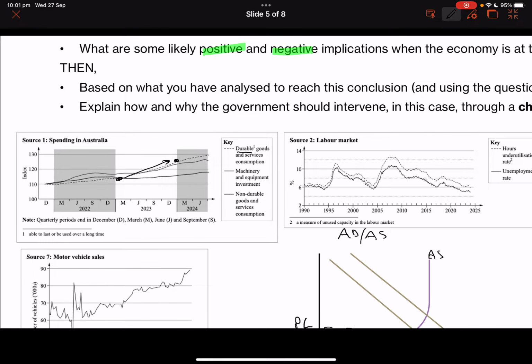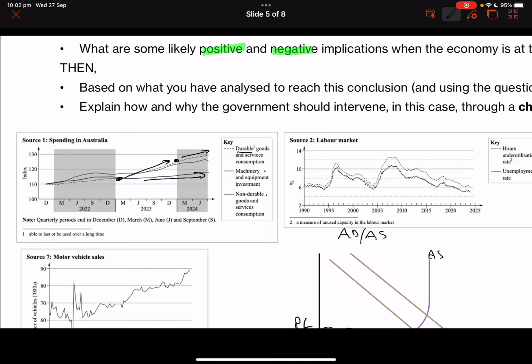And that's projected to continue to increase into 2024, okay? At the same time, we can see some other funky lines for machinery and for non-durable goods consumption. Non-durable goods consumption, I think, is this one here, right? Now, that's things like food and services, the stuff you consume on a day-to-day basis. So that makes sense that that's not going to go up much.